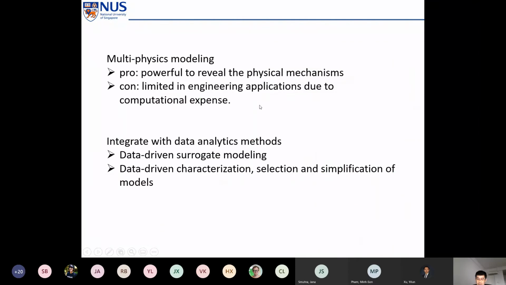Okay, so lastly, I want to briefly introduce our efforts in integrating data analytics with the multi-physics modeling, because multi-physics modeling can reveal the physics, but is also computationally expensive, so it's very limited in engineering applications.